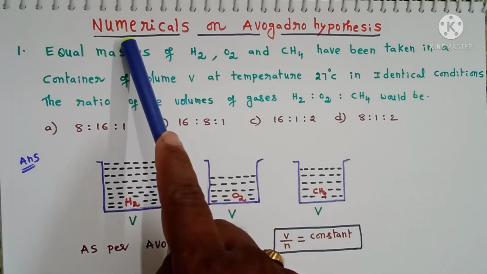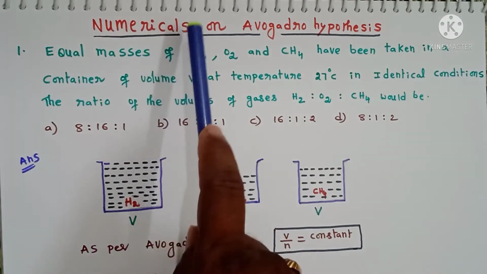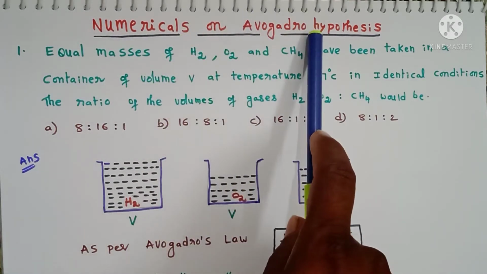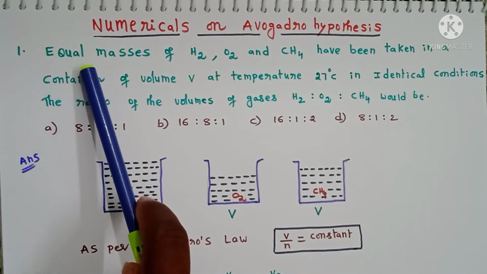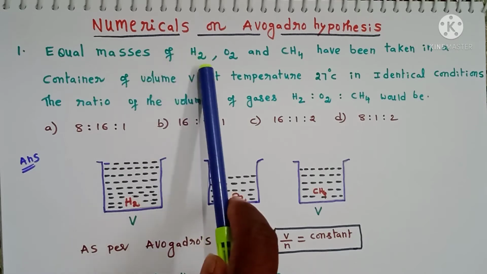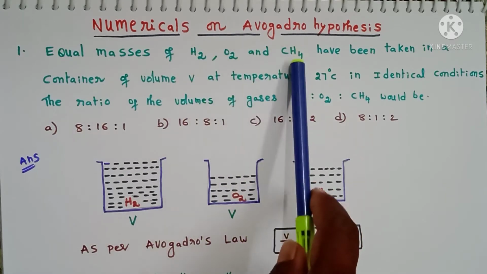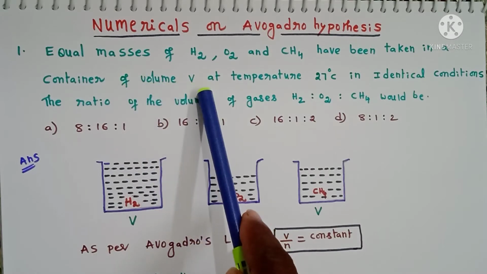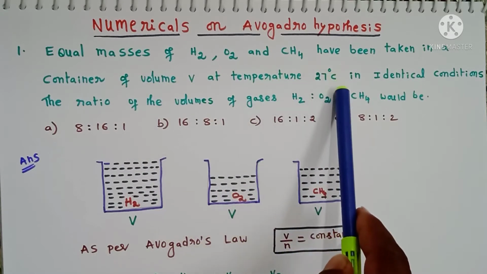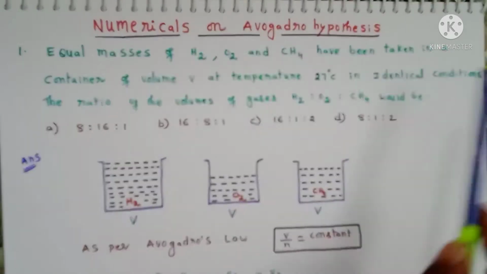Students, next I am going to discuss numericals on Avogadro hypothesis. See, the first question is: equal masses of hydrogen, oxygen and methane have been taken in a container of volume V at temperature 27 degrees in identical conditions.